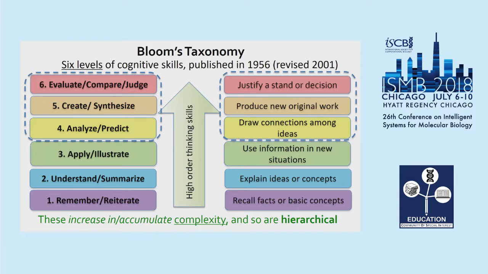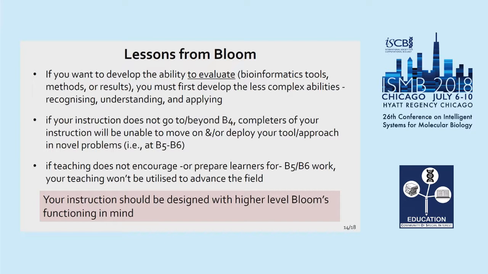What are the lessons from Bloom? If you want to develop the ability to evaluate, for example, to evaluate a bioinformatic tool or method or results of our research, you must first develop the less complex abilities.